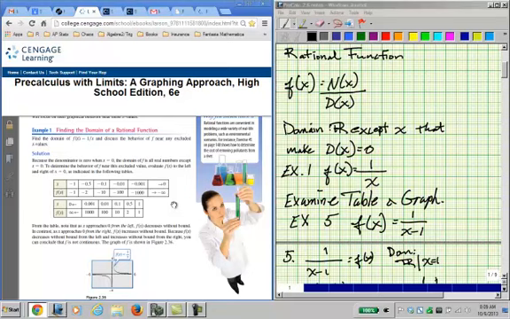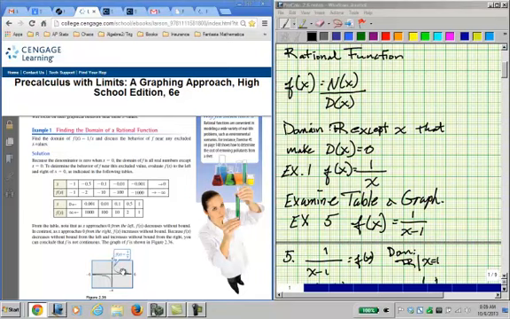So let's look at the graph. As x approaches 0 from the negative side, y is approaching negative infinity. So you approach 0 on the x-axis, and y is plummeting downwards. As you approach 0 from the positive side, y is approaching positive infinity.